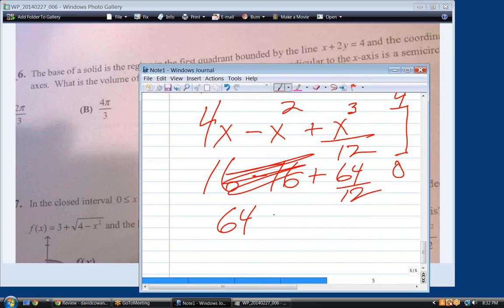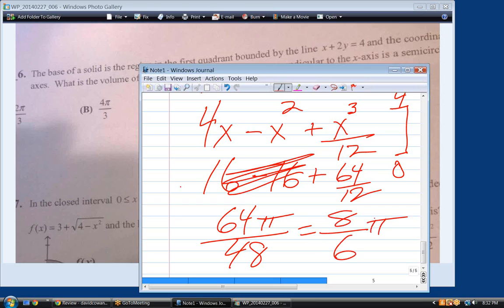So now we have 64 pi over 48, which is what? 8, that's 8 over 6 pi, that's 4/3 pi, B. Is B the right answer? I will check.